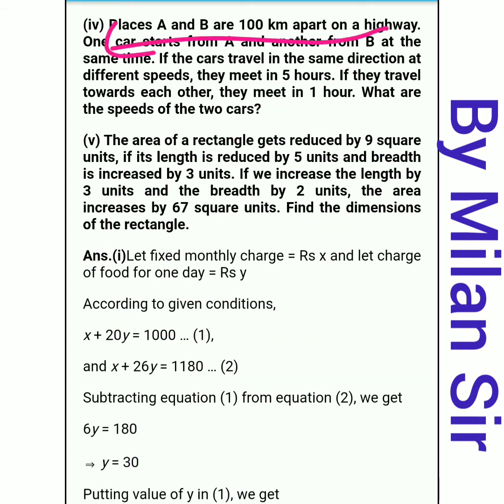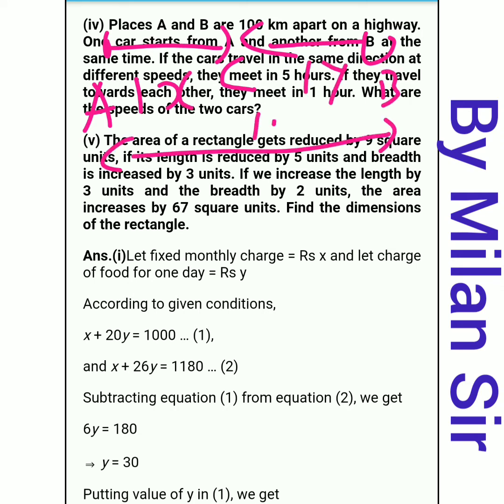Again, first we draw these two figures A and B. Both cars travel towards each other and meet at point C after 1 hour. So here we get 1x, here 1y, point B, and total distance 100. So AC plus BC is equal to 100.